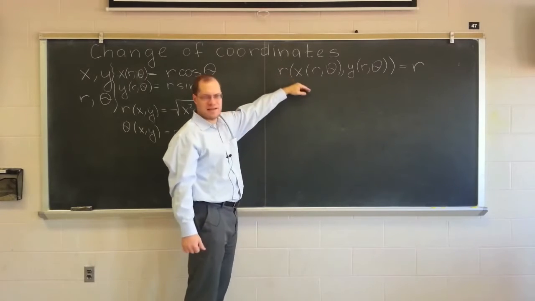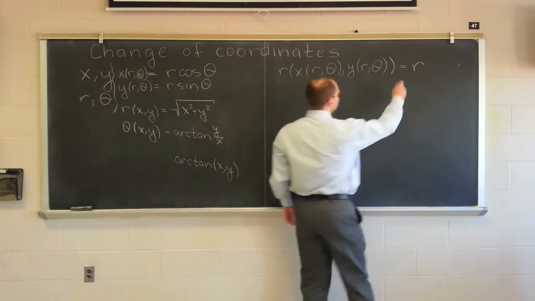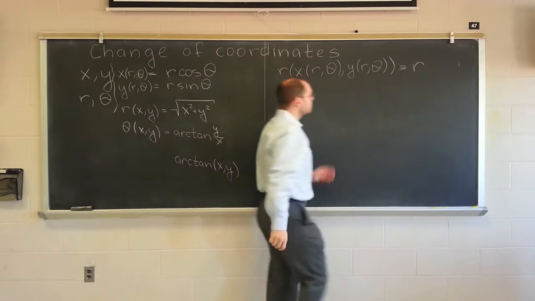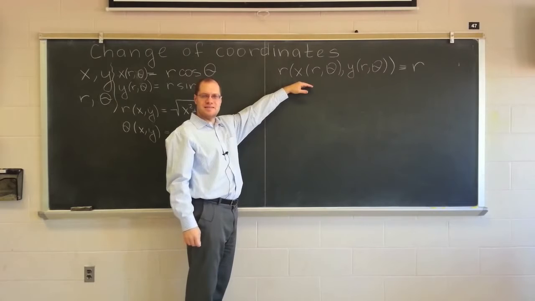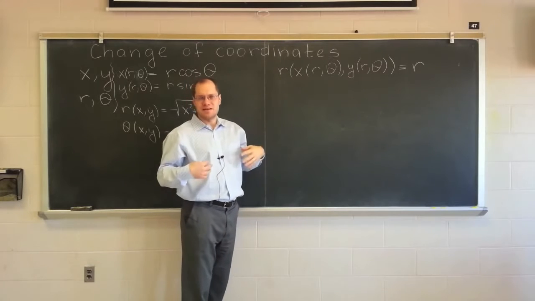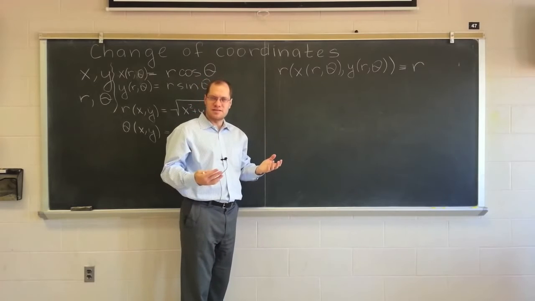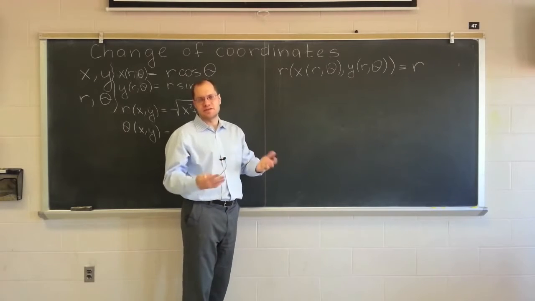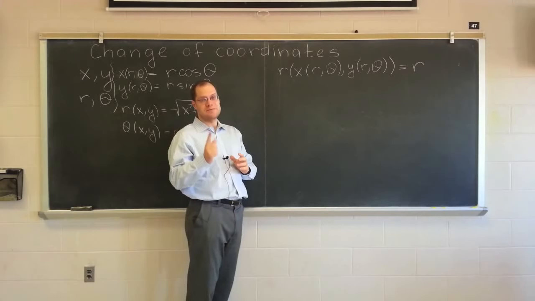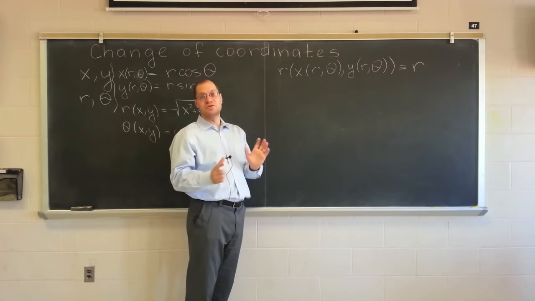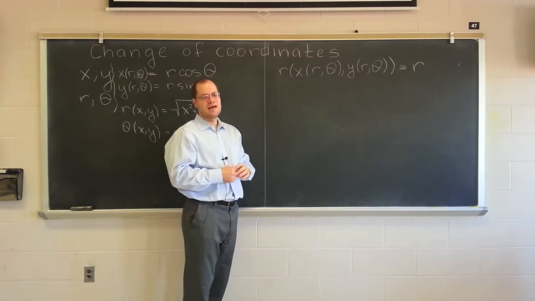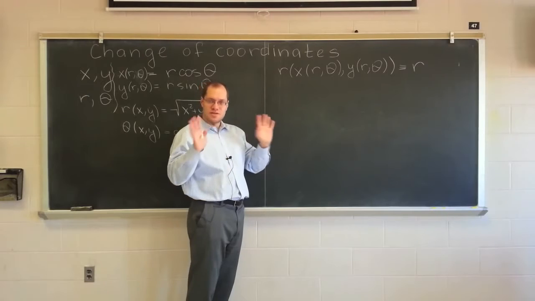So when you look at an identity like this, and it might even be better to write a triple equal sign, you have to be very clear to yourself which letters represent independent variables and which letters represent functions. And sometimes the same letter represents two different things in the same identity. And it's up to you to keep it straight.